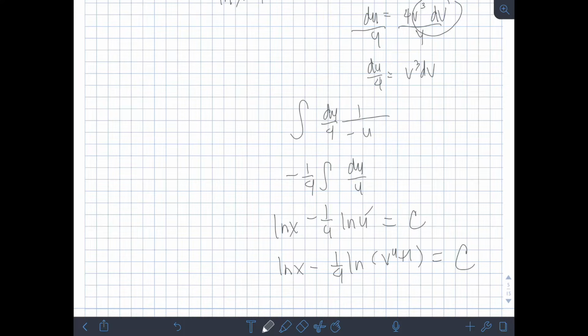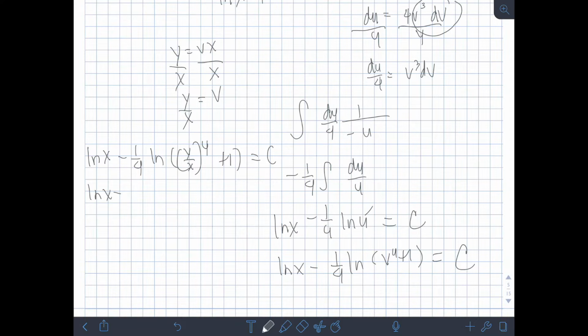Okay? Then, as I said, this v to the fourth plus 1, let's represent it back in terms of x and y. Remember our representation is y equals vx. So, therefore, v is equal to, dividing both sides by x, y over x. So let's substitute. We have ln x minus 1/4 ln of v to the fourth, which we make (y over x) to the fourth, plus 1 equals c.